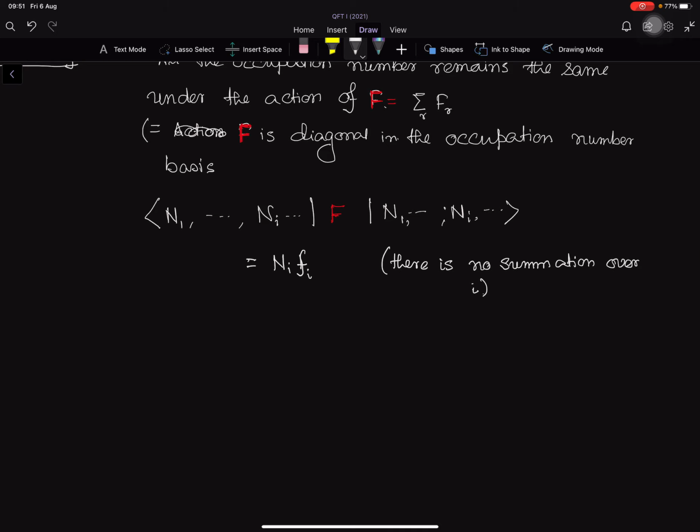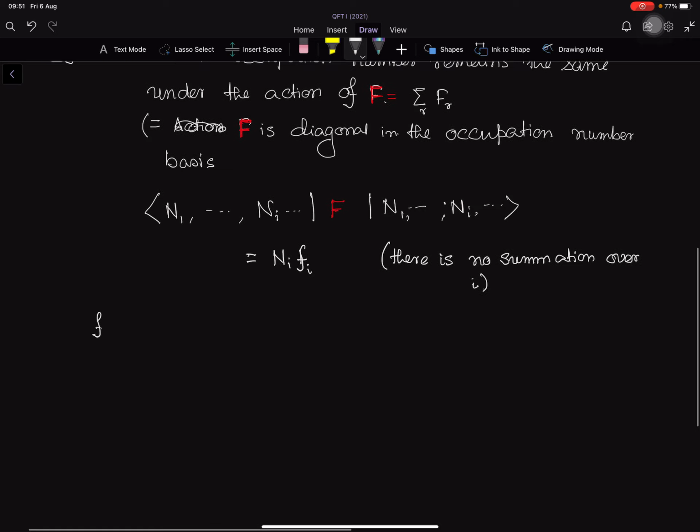So this is the claim, where Fi is the expectation value in the single particle Hilbert space.